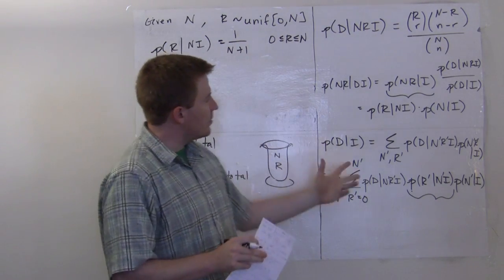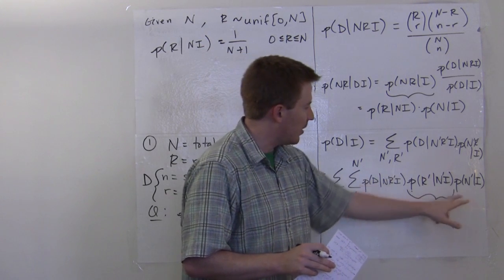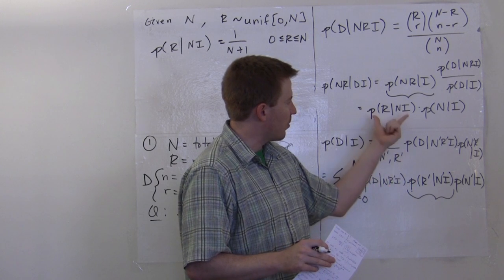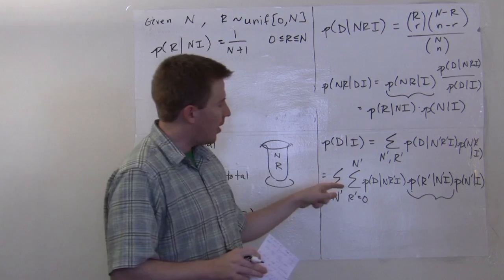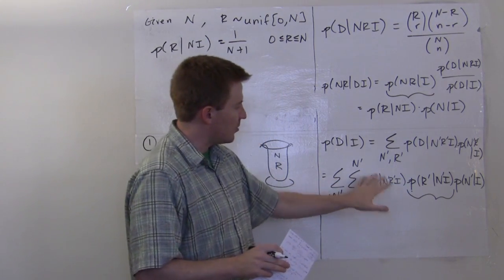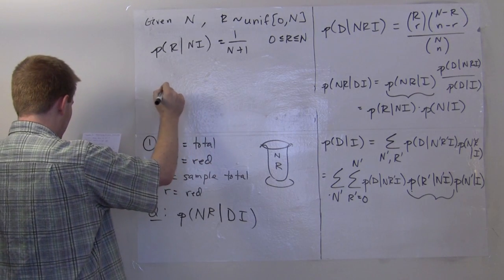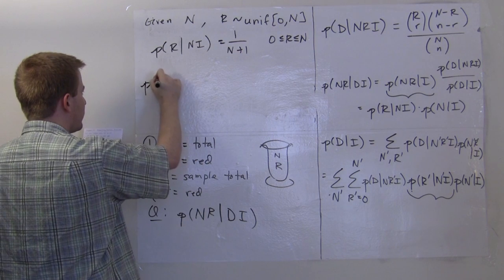If you put those into this expression, you get a little bit of nice cancellation. The 1 over n plus 1 value appears both here and here in the denominator, so they're going to cancel each other. And the hypergeometric distribution looks the same. I won't do all the steps, but in the end what we get to is a posterior probability assignment.